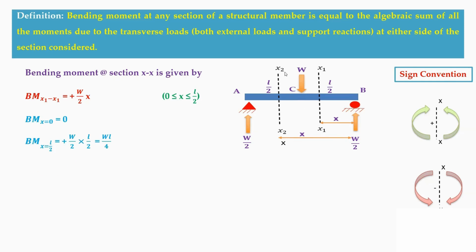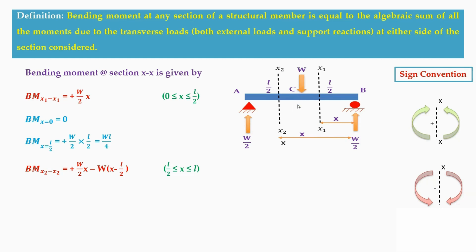Now again, when we consider another section X2 in this CA segment, the bending moment equation is: W by 2 is upward, which is in sagging nature. Therefore, W by 2 into X, this is in plus direction, and then W, the load, is downward and also in clockwise direction.